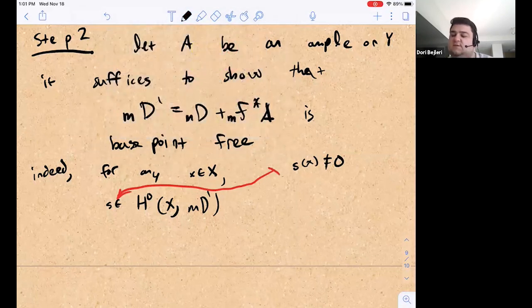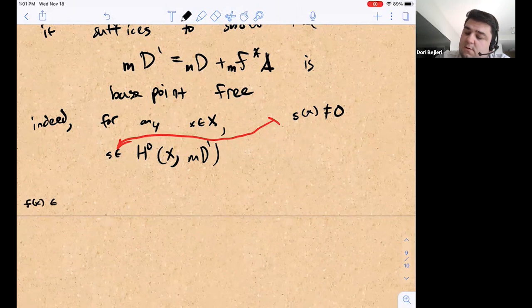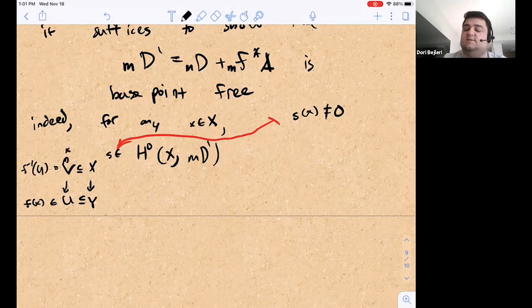But now whatever this point x is, let's just pick some neighborhood of f(x) and look at its preimage. So then this x sits in there.